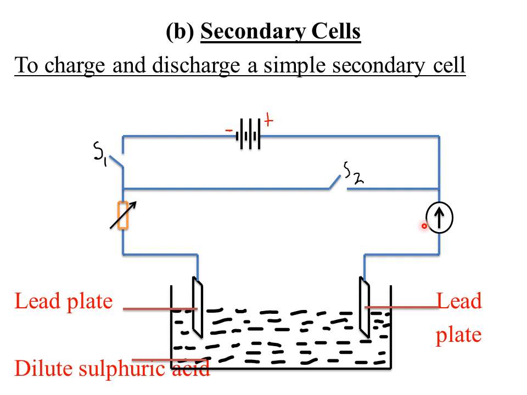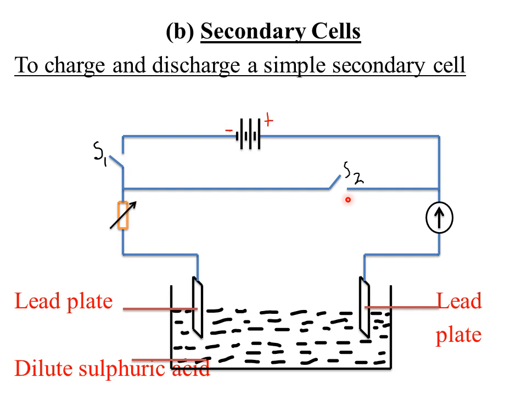However, when switch S1 is opened and S2 is closed, now remember in our first case we had closed S1 and opened S2, that is during charging. Now we are opening switch S1 and closing switch S2. So of course this is the process of discharging.